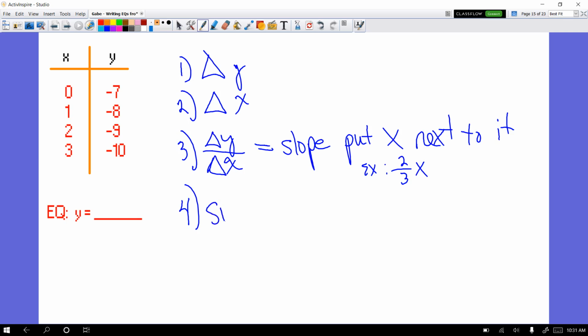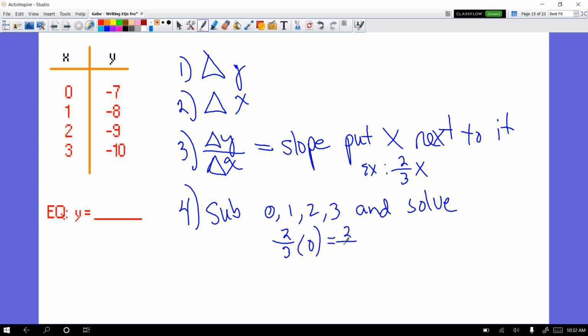Then you'll sub all your x values in, 0, 1, 2, 3, and solve. So for example, 2/3 times 0 equals 2/3.